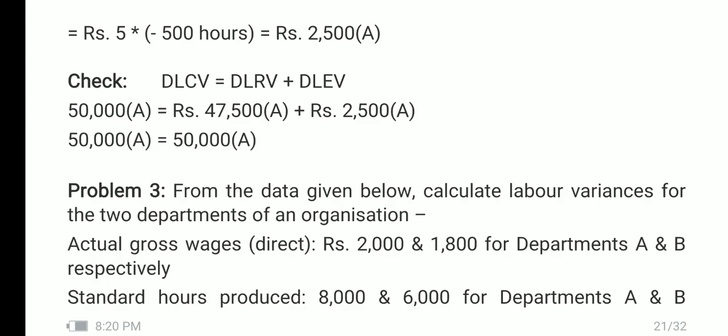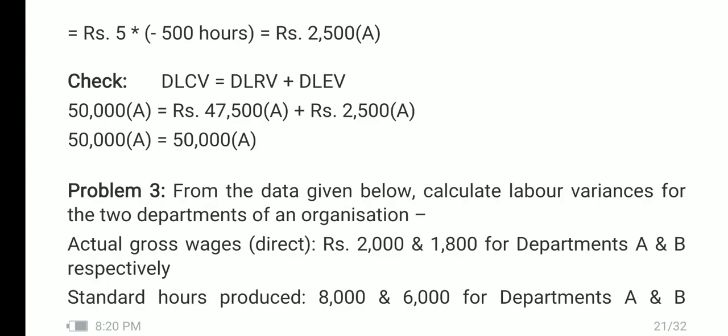Now, let us consider another problem, problem number 3. From the data given below, calculate labor variances for the two departments of an organization. Here two departments of an organization are given, department A and department B. The actual data and standard data are given separately for both departments.